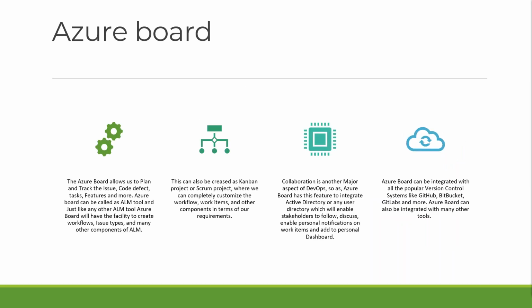So when you go into Azure DevOps, it's just an online tool, and within this tool there are several different components. There are components to allow you to plan your work, as we mentioned before. It allows you to track issues and code defects.